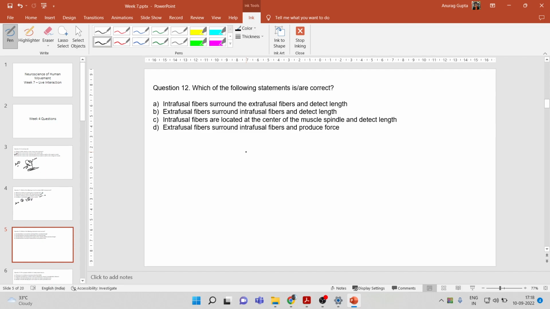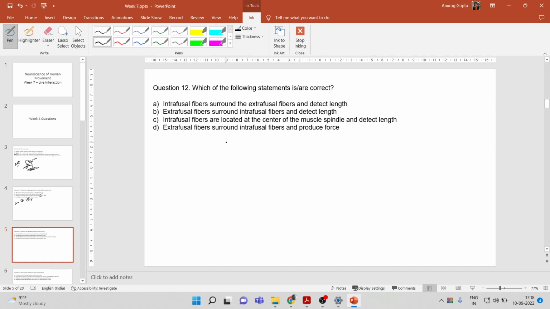And if you know the angle of the joint, you basically know the orientation of the body segments. For example, if you close your eyes, you're still aware of the orientation of your body segments. That is due to the information sensed by the muscle spindles.